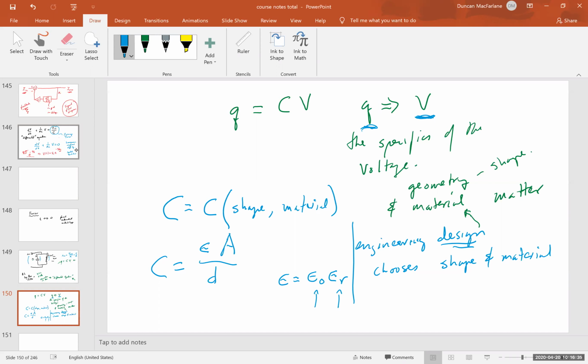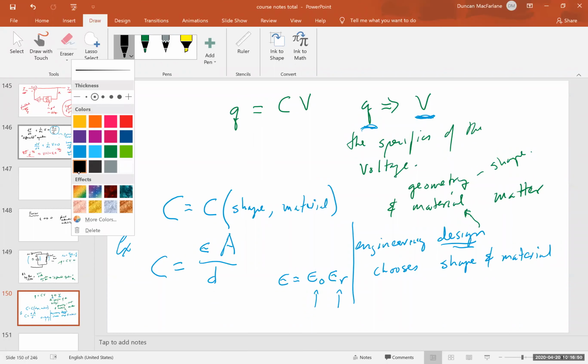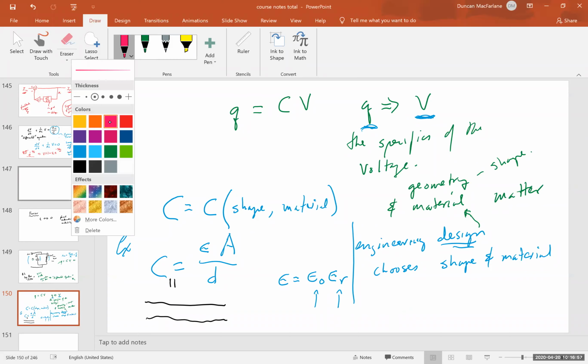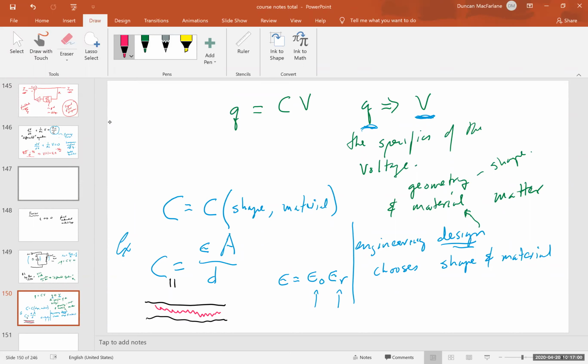But let's take a look at this epsilon A over d, which is an example. And Emma, do you remember the shape that this is describing? Parallel plate capacitor. Isn't that a fancy word for a piece of metal, another piece of metal, and then some filling inside of it? Like one of those cookies that you have some biscuits on the outside and you've got some filling on the inside.